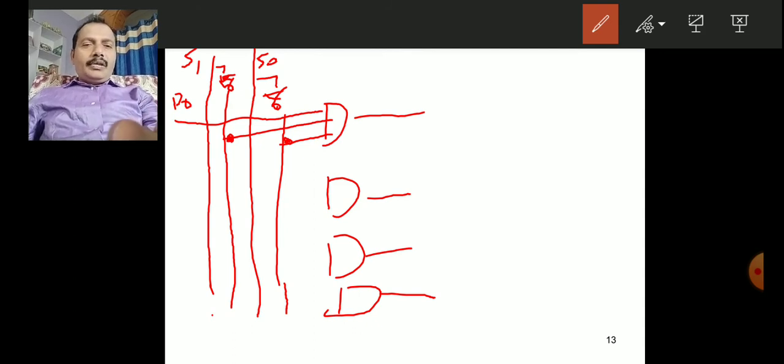Similarly, for D1, this is the D1, you have to connect S1 bar, S0.